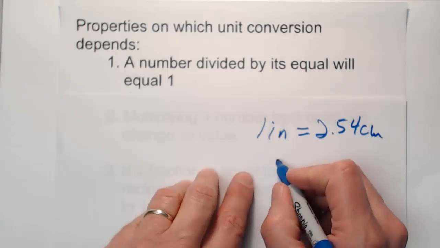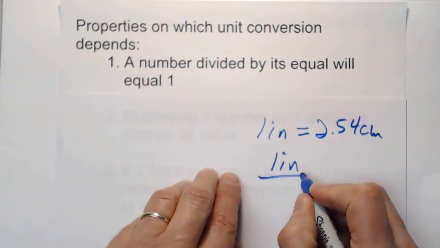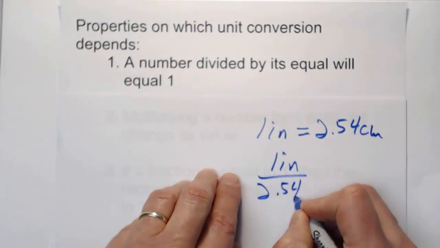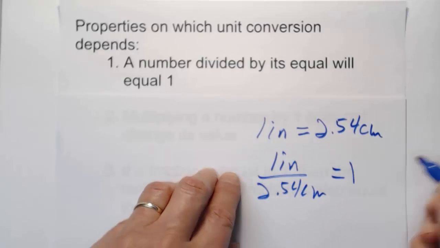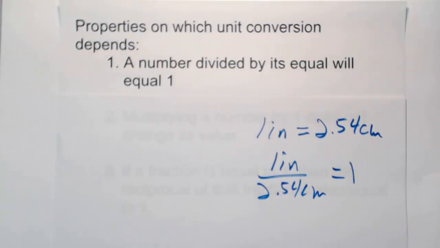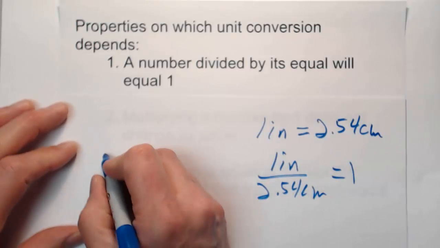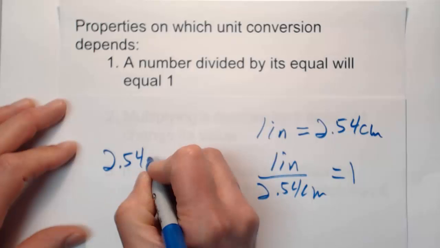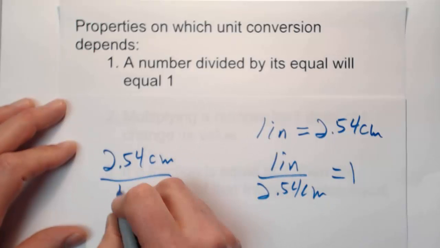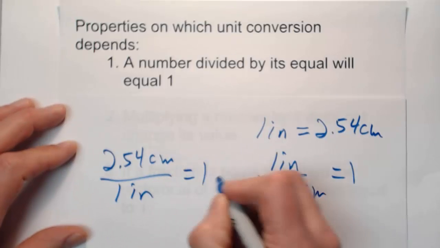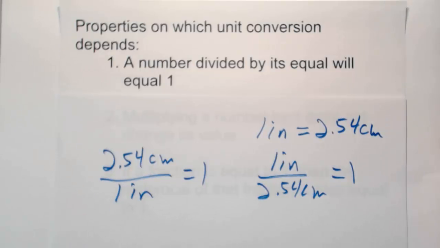So 1 inch over 2.54 centimeters is equal to 1 because those things are equal. Also, because these things are equal, 2.54 centimeters over 1 inch is also equal to 1. So that's a nice property.